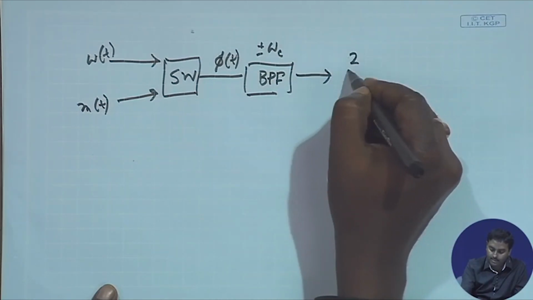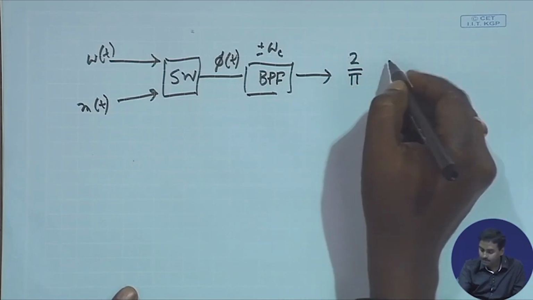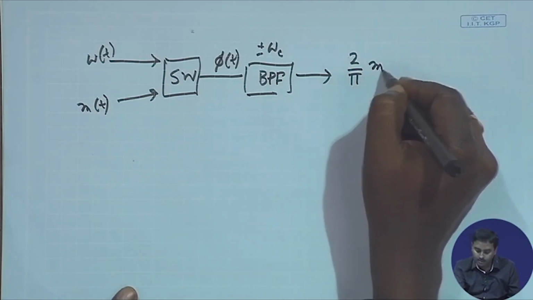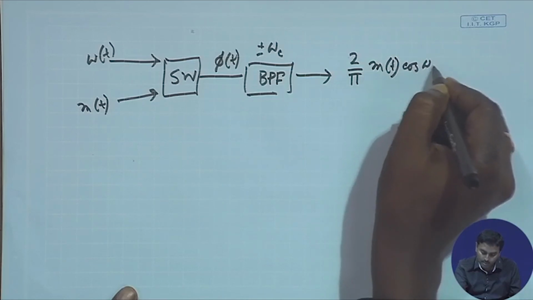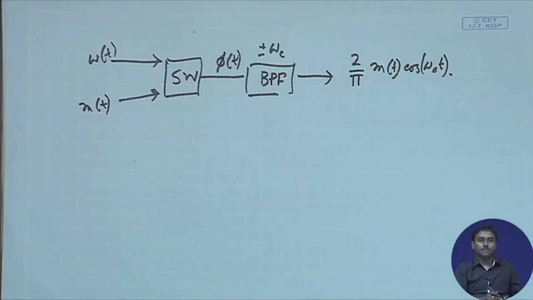What I get is actually 2 by pi m(t) cos omega c t. So that is another way of doing multiplication. This is called the switching modulator. In the next class we will probably be discussing more about the relative advantages and disadvantages of all this circuitry.